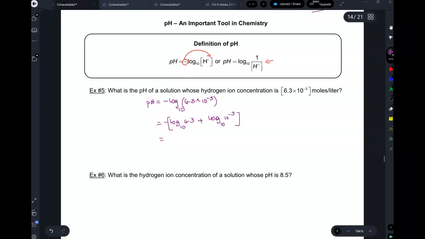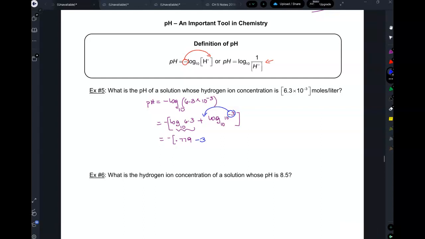Okay, so this is negative. When you plug this into the calculator, it's 0.779. The negative 3 can move down, right? And then what happens to log base 10 of 10? How much is that? 1.